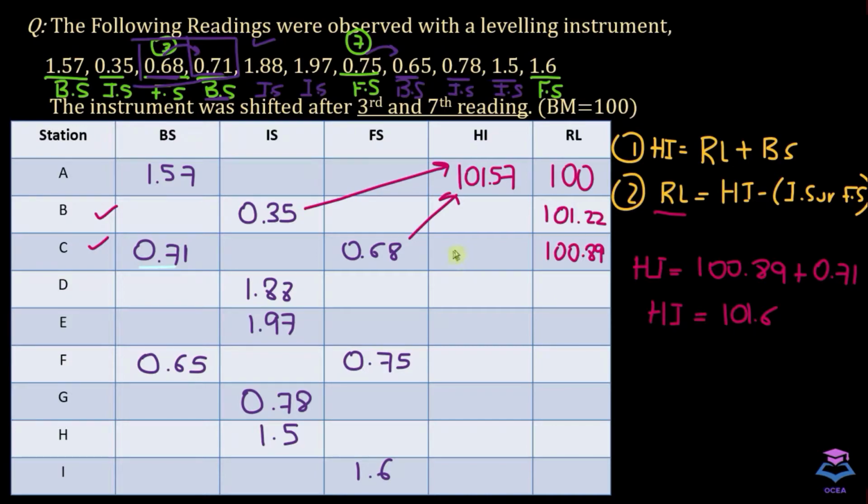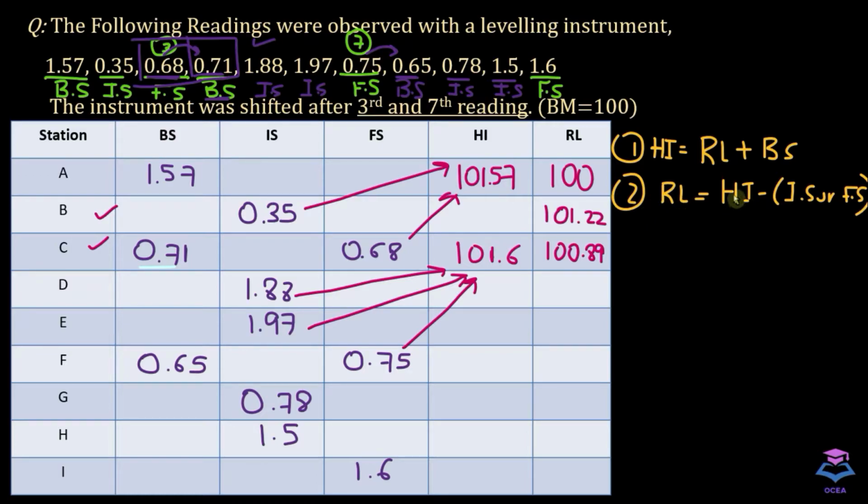After calculating the height of instrument, we again need to apply the second equation to find the reduced level at D, E and F point. To calculate the reduced level, we need to subtract these staff readings from this height of instrument.